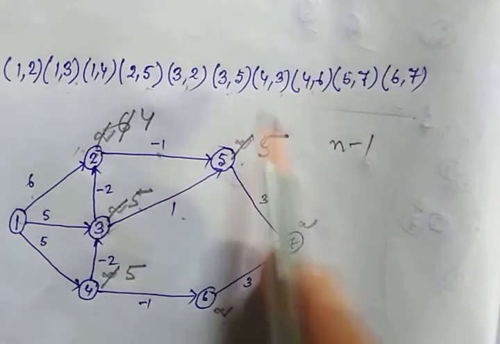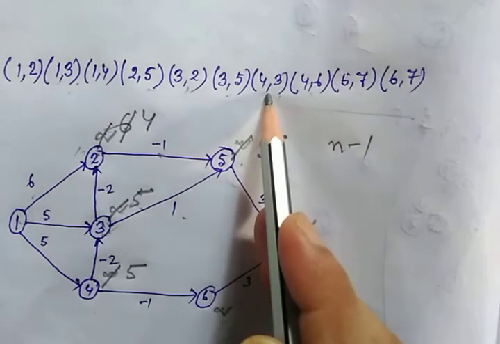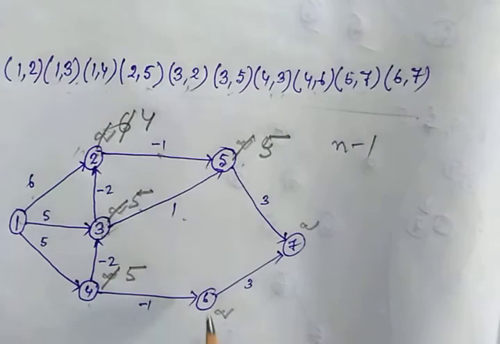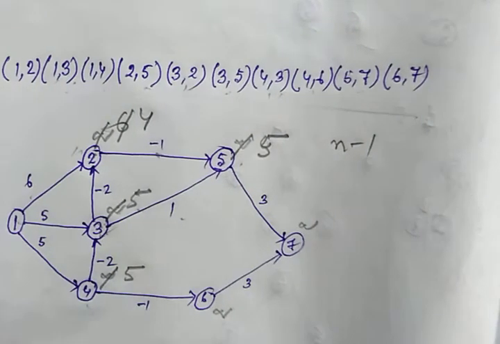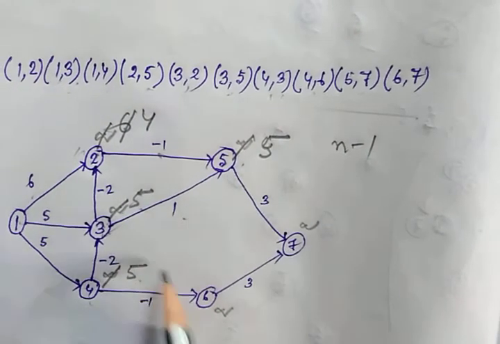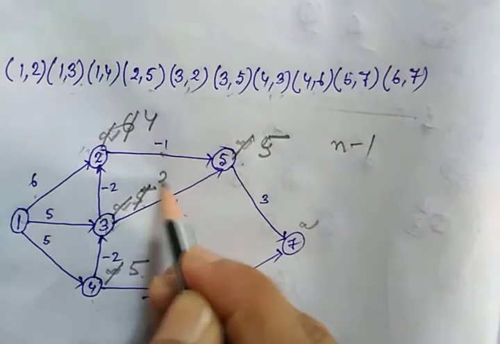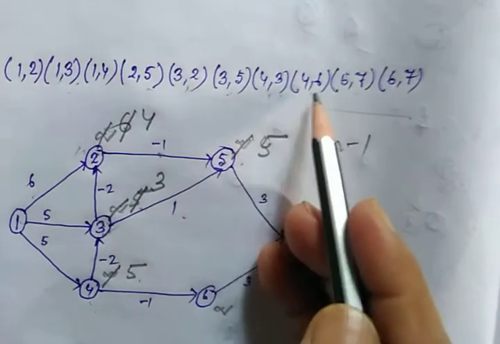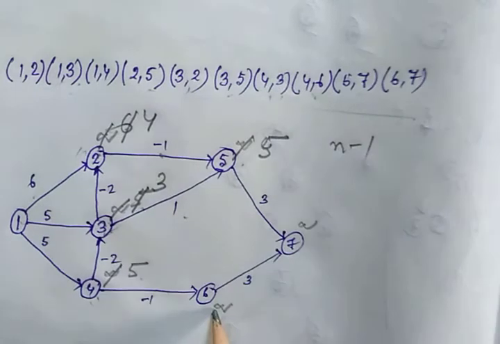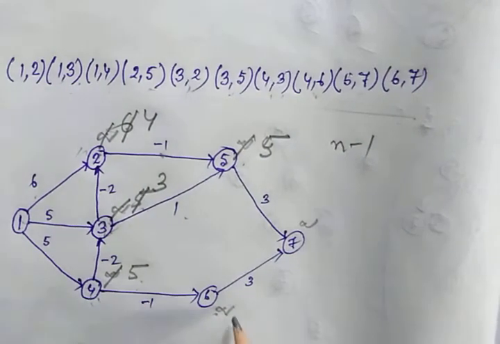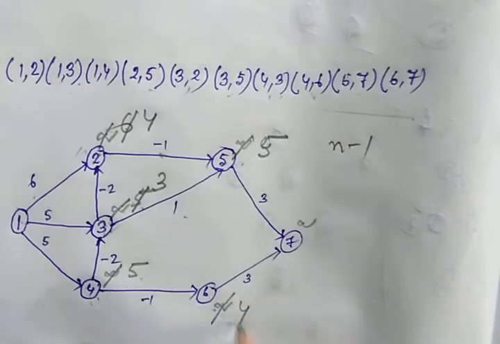Then it is 4 to 3: 5 minus 2, that is 3. Next is 4 to 6: 5 minus 1, that is 4.